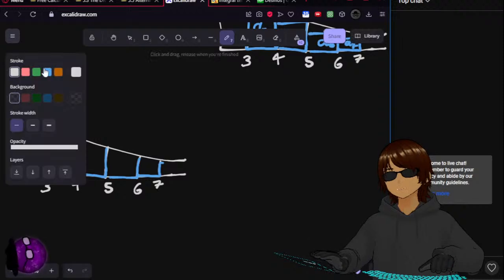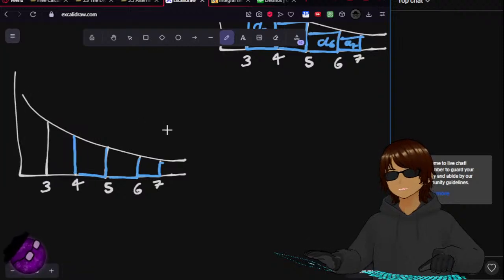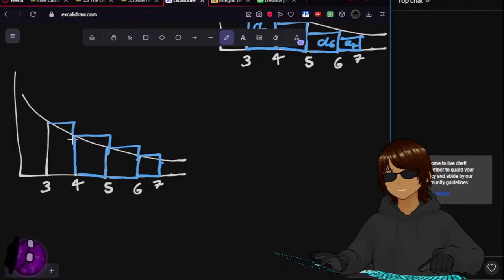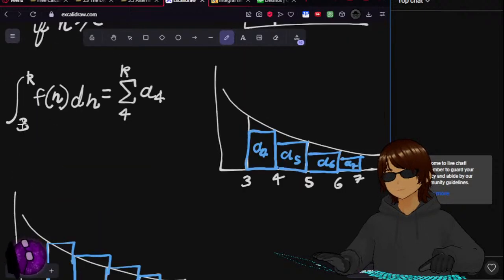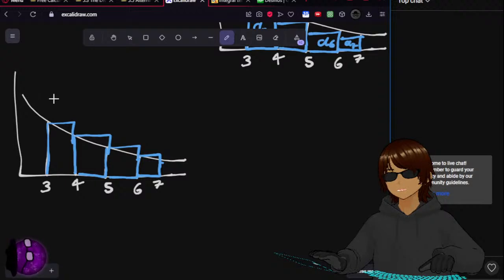We are going to do this, and then here, here, here, this included from 3.